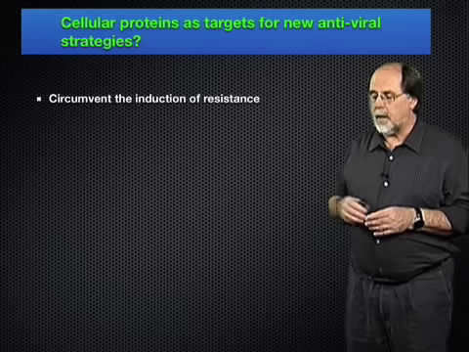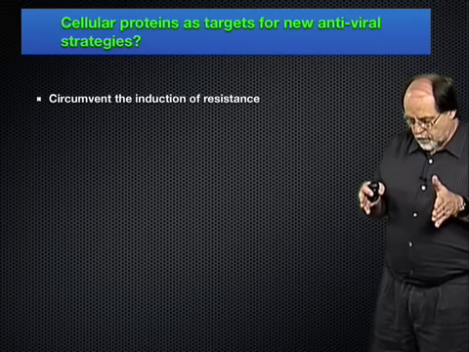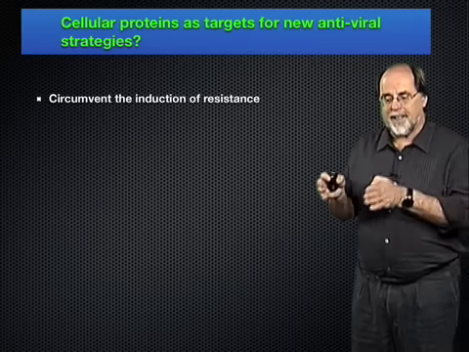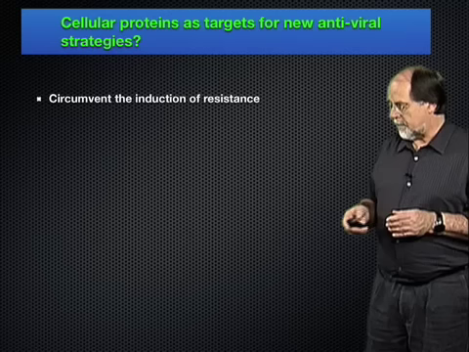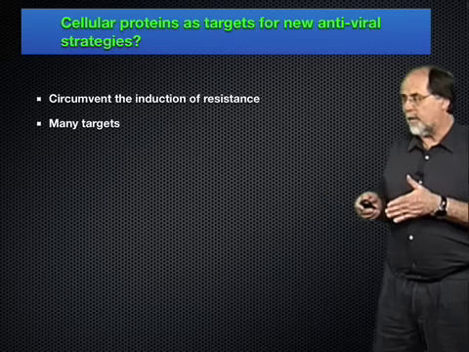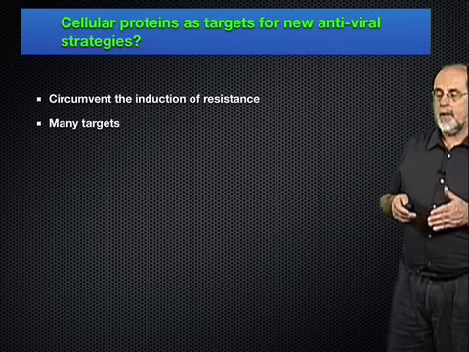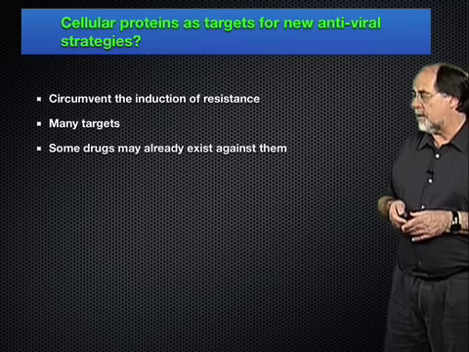It's clear here, I think, that it's very much more difficult for the virus to mutate in such a way that it can escape the use of critical cell components. Another good thing is that the cell provides many targets. Hundreds of different proteins are needed for any given virus. Any one of those, in principle, could be an antiviral target.